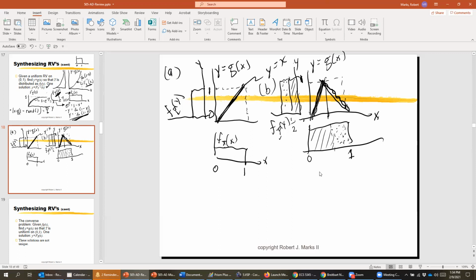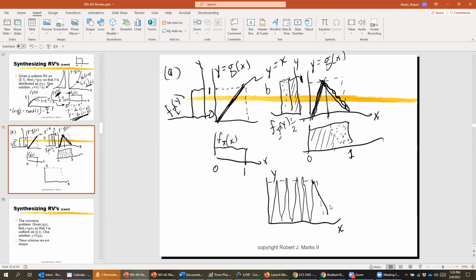And you can see that there's no shortage of different nonlinearities that I could use. I could use, for example, this nonlinearity, just a bunch of ups and downs, and that would still map this uniform distribution into another uniform distribution.